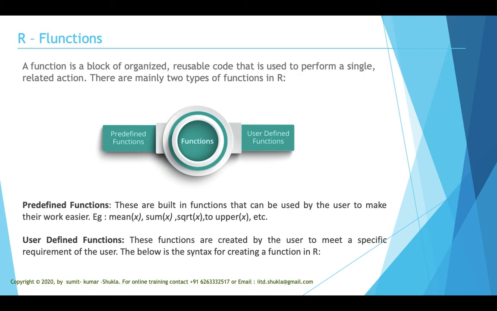A function is an object, you can say. The R interpreter is able to pass control to the function along with the arguments that may be necessary for the function to accomplish the actions. As you see in the PPT, a function is a block of organized, reusable code that is used to perform a single related action.